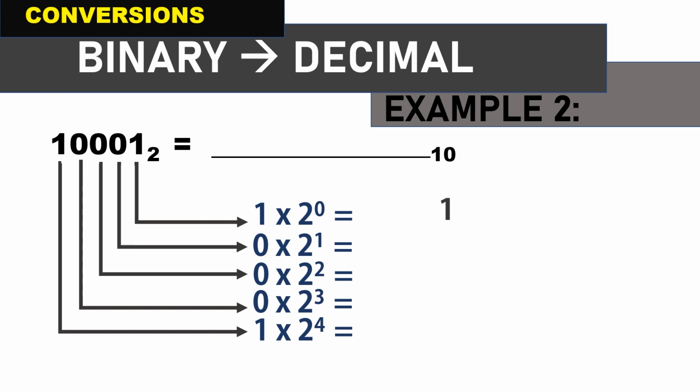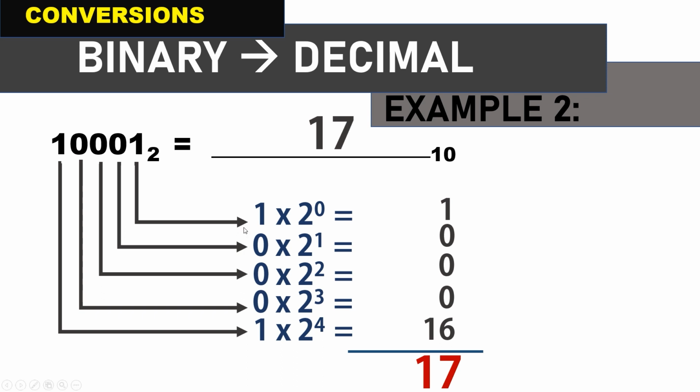The first computation is 1, 0 times any number is 0, so we have here 3 zeros, and for the last one you have 1 times 2 raised to 4, so we have 16. Then getting the sum of the products, we have 17. So that's our converted digit. So 10001 in binary is equal to 17 in decimal.